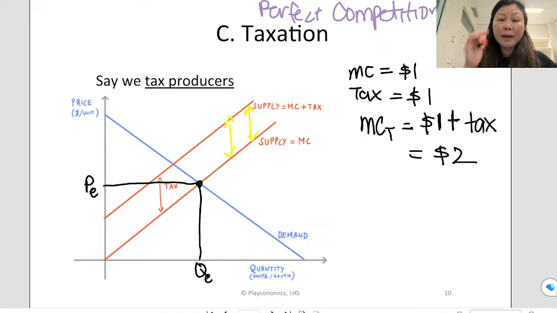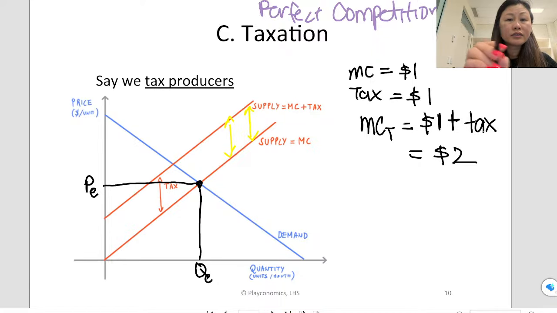But when your tax is imposed, you can either say that supply shifts upwards or supply shifts to the left. Ultimately, it is increased by the amount of the tax.